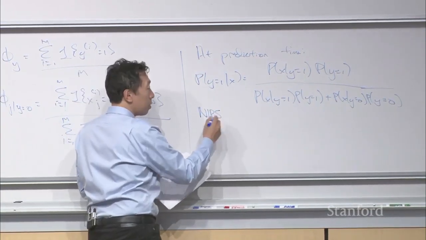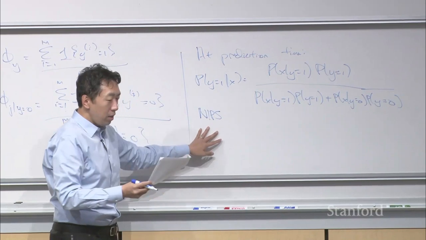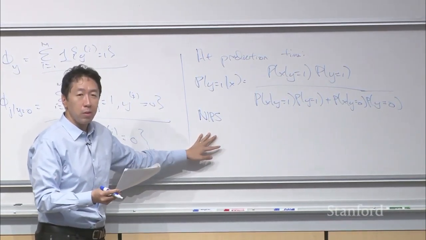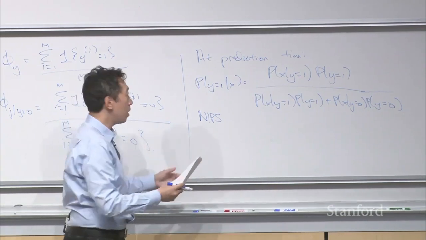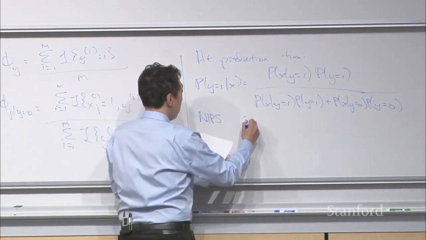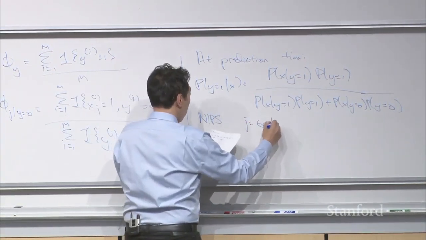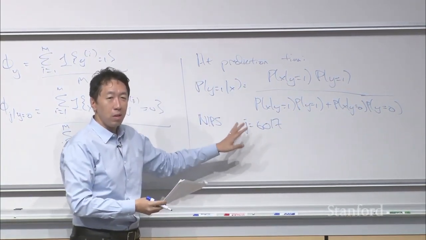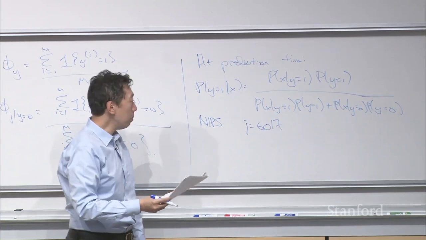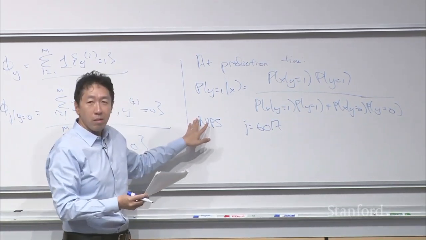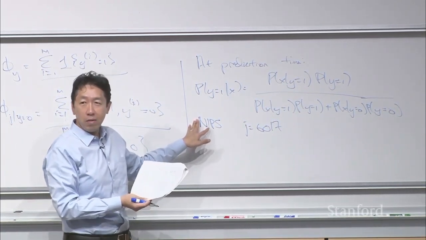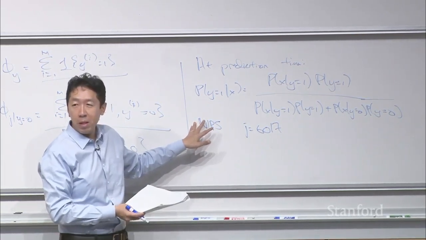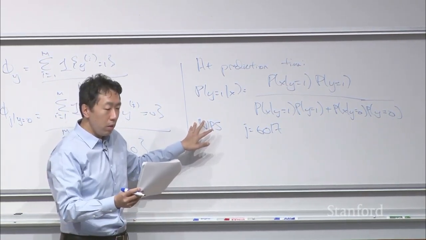NIPS stands for Neural Information Processing Systems. Let's say that in your dictionary, you have 10,000 words. Let's say that the word NIPS corresponds to word number 6017 in your 10,000 word dictionary. But up until now, presumably you've not had a lot of emails from your friends asking, hey, do you want to submit a paper to the NIPS conference or not?